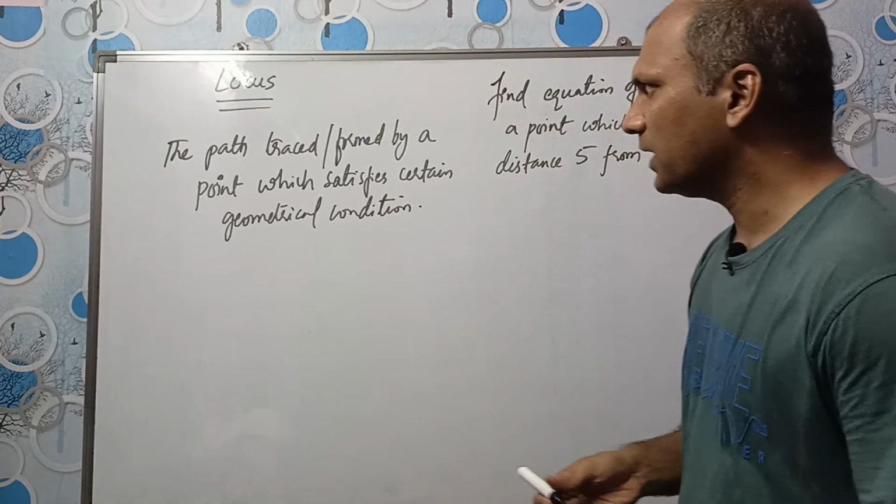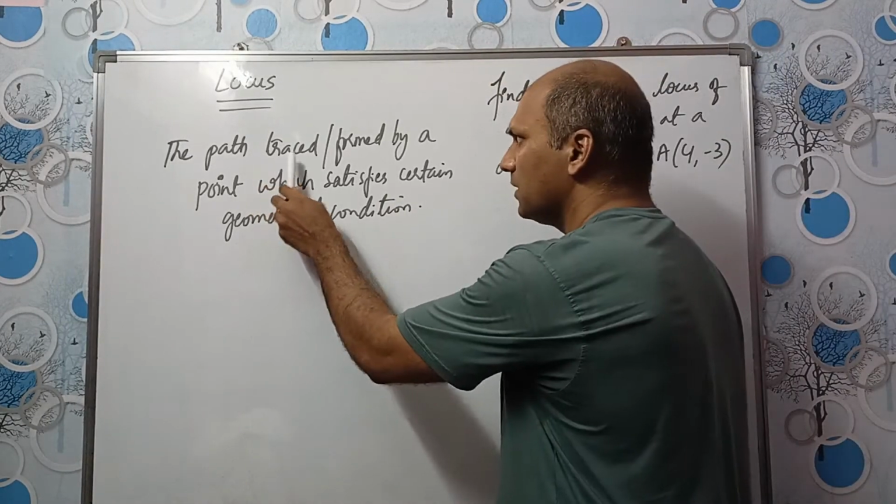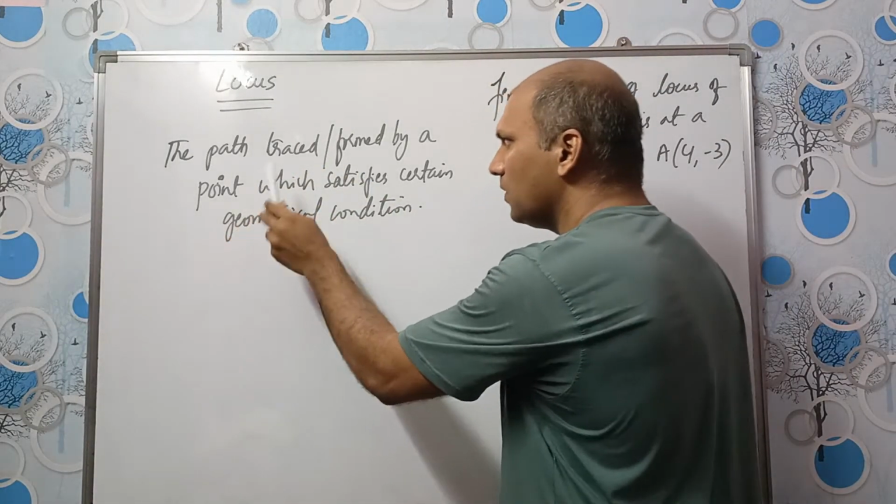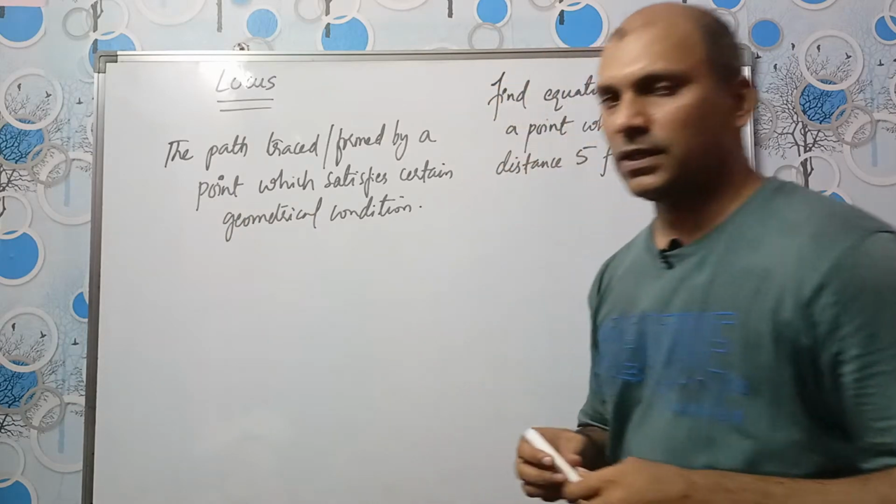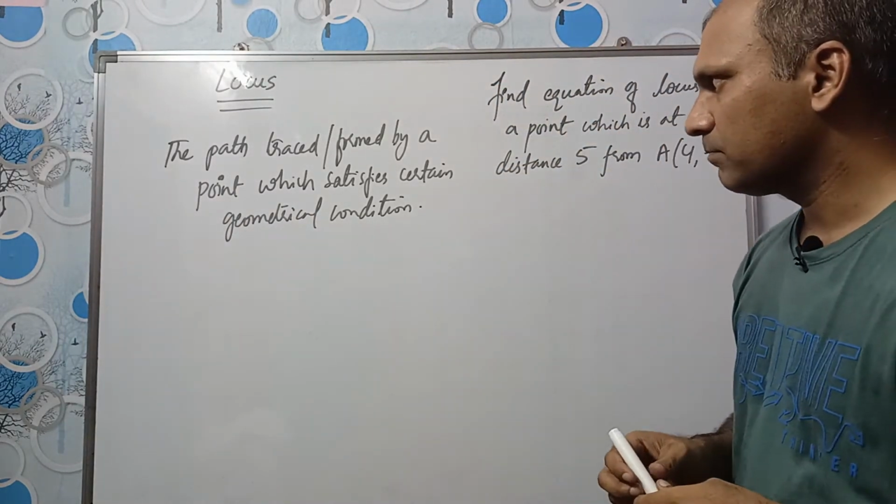Path traced or formed by a point which satisfies a certain geometrical condition. What do we mean by this?